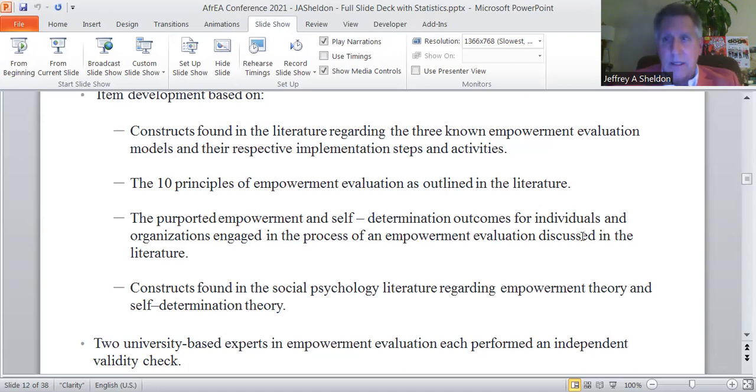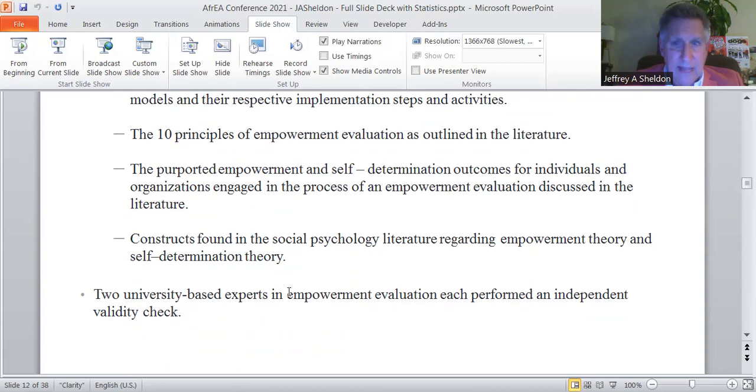So you can see that all of this is grounded in literature, right? This is the constructs found in the social psychology literature regarding empowerment theory and self-determination theory, both on the individual and collective levels.